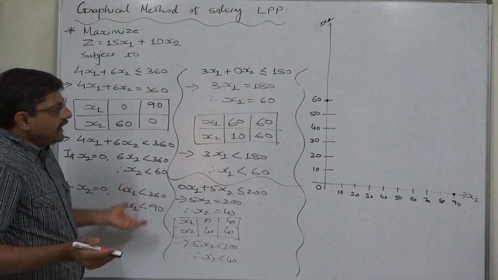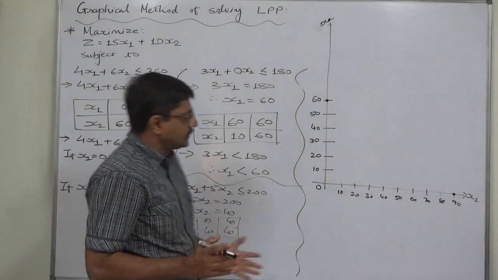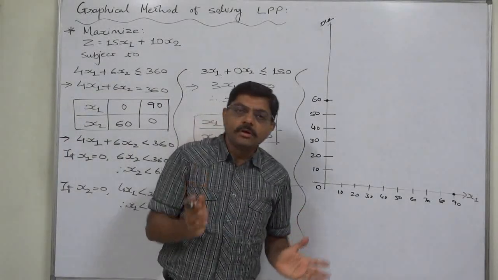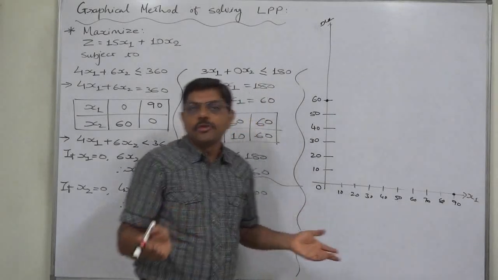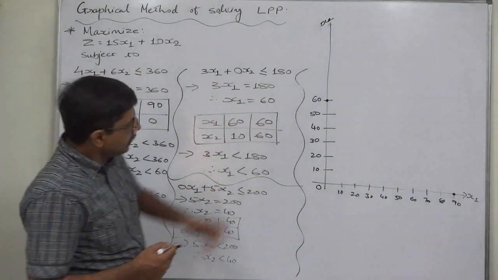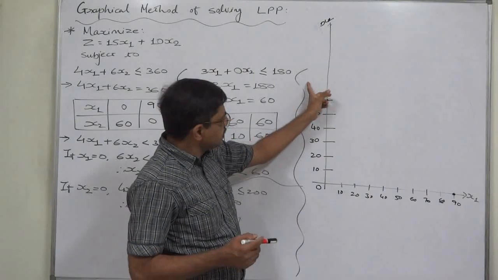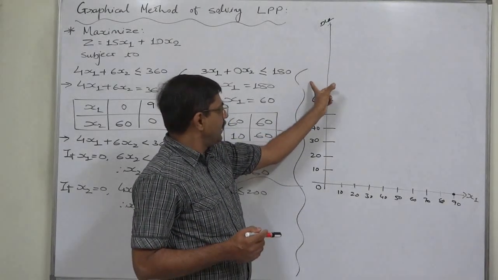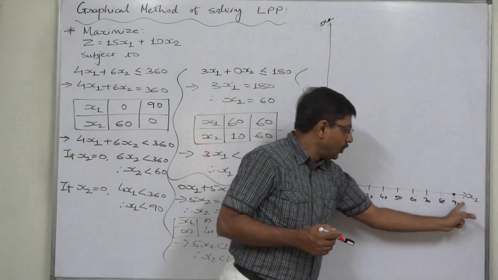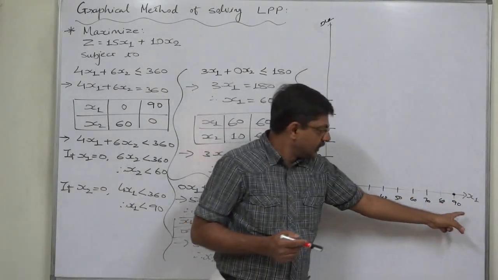Okay, now we have 2 points lying on the same straight line, and to draw a line 2 points are sufficient. We just need to draw a line passing through both of these points.